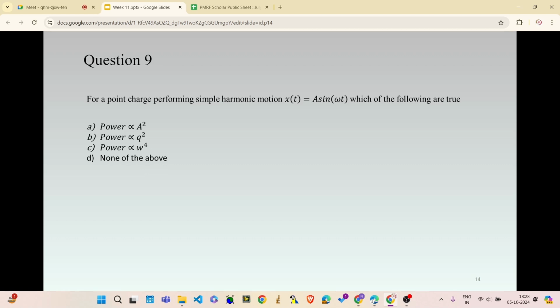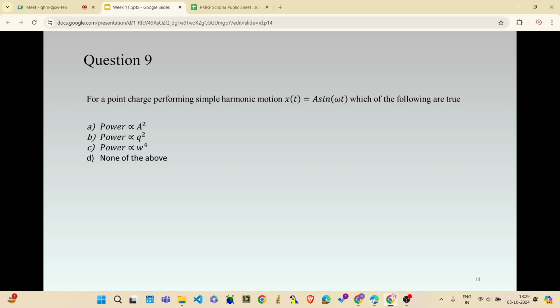Now what you can see is that this S(t), power per unit area per unit time, is proportional to Q square A square sine square omega t omega to the power 4 sine square theta over 16 pi square epsilon naught square r square.